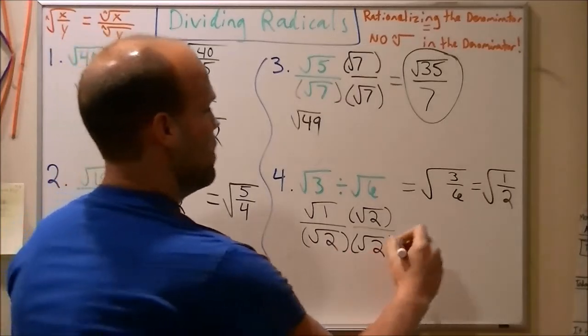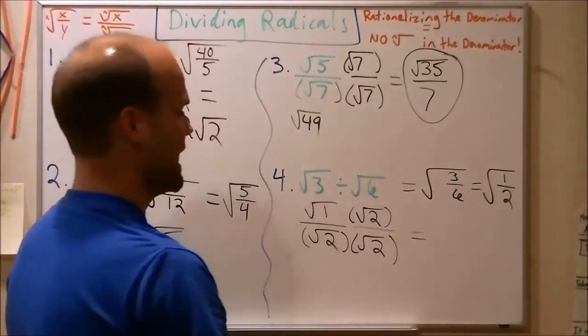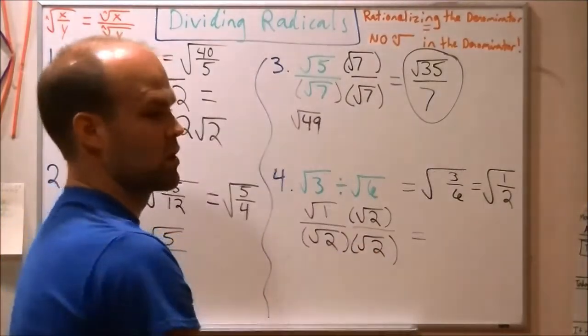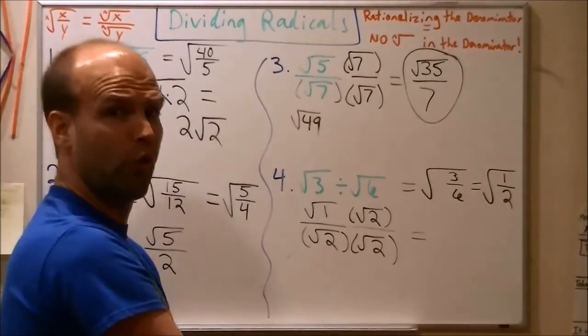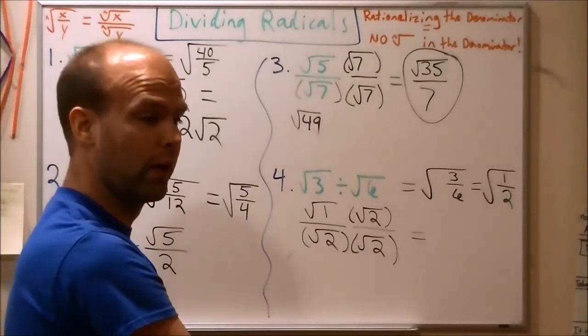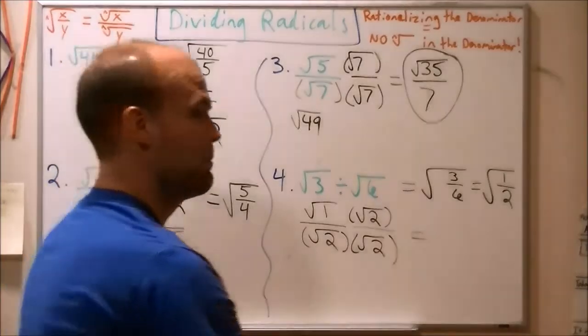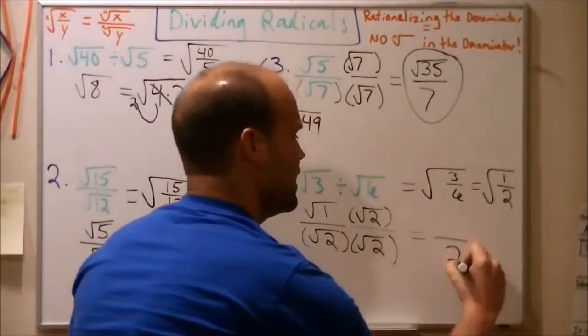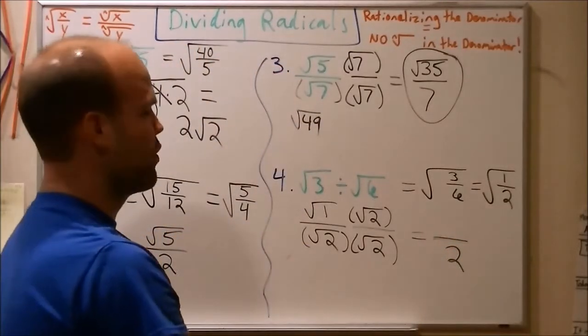And so when I multiply the bottom together, what's that going to give me? The square root of 2 times the square root of 2 is the square root of 4. What's the square root of 4? That's just a number on the bottom, and that number is 2. The square root of 4 is 2.